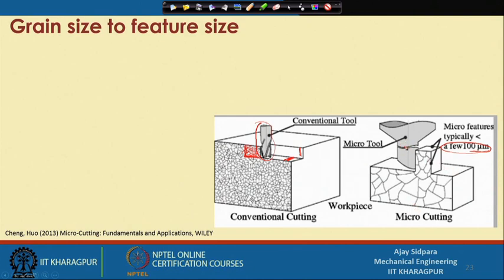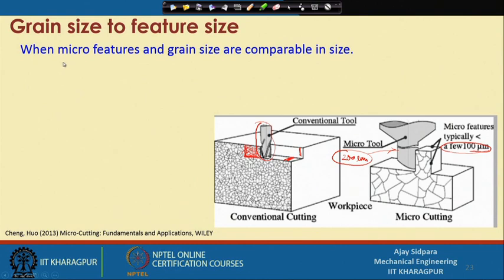Your cutting tool also has a grain structure, and when you are talking about a cutting tool diameter of, say, 200 micron, then you have to use very fine particles of tungsten carbide and cobalt, so that you end up with a very large number of grains, so that you can get the required geometry on the cutting tool also. So, what are the problems because of this?